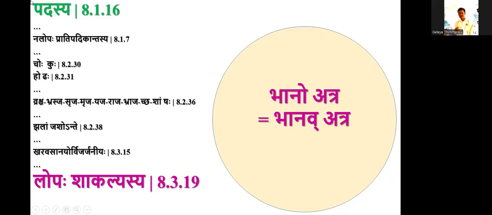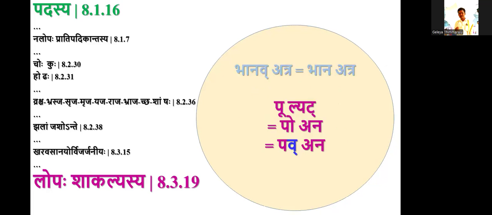So, Bhanav Atra. At this stage, this Vakara is present at the end of a pada. Since Bhano is a pada, this Bhanav is also a pada. So, Vakara is at the end of a pada. By this sutra, Lopa Shakalyasya, there will be optional deletion of that Vakara. So, Bhana Atra.